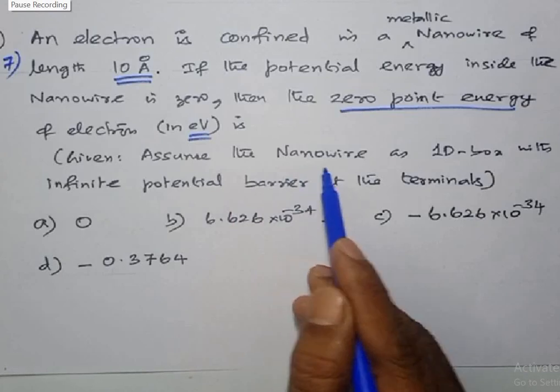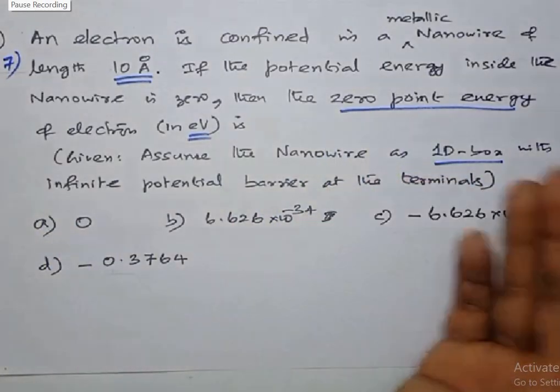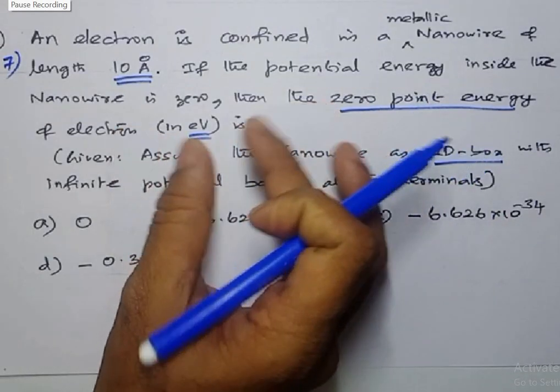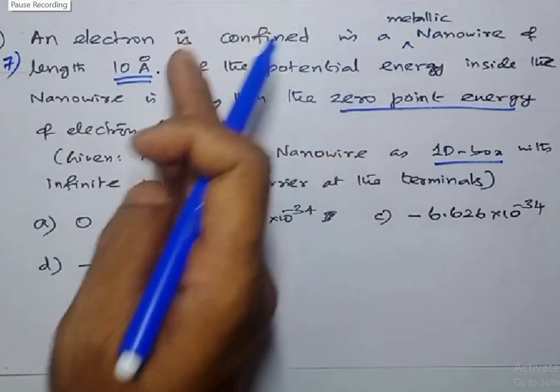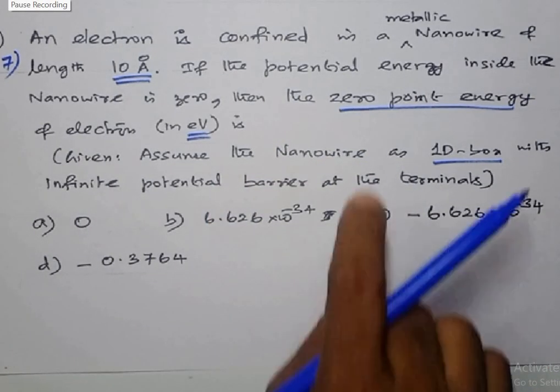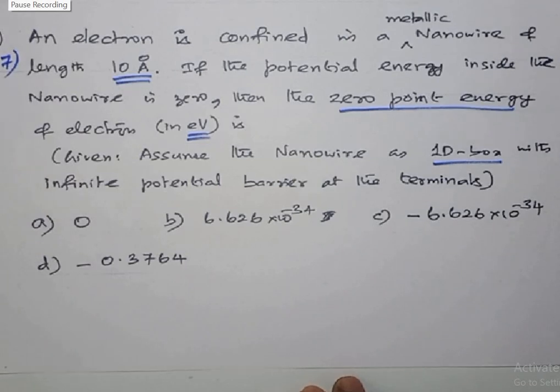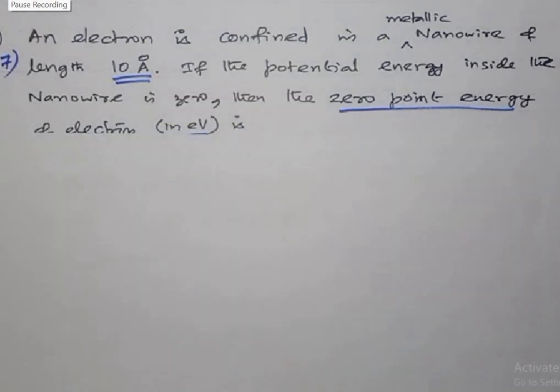Given, assume the nanowire as a 1D box with infinite potential barrier at the terminals. So you take a nanowire, and at the terminal we have infinite potential energy. Therefore electrons cannot jump out. That's the meaning. Now how to find the zero point energy of this system? This is actually easy, but you need to remember this particular formula.